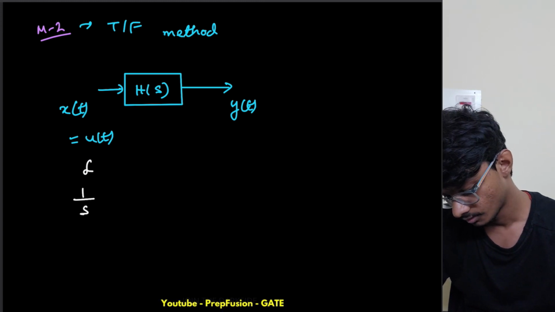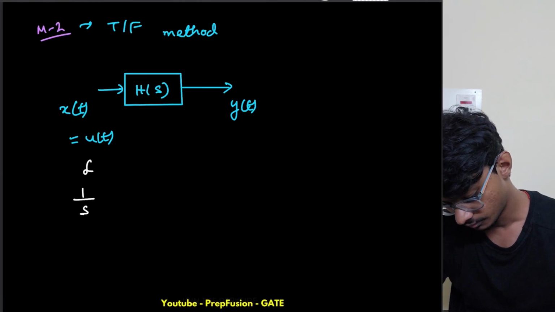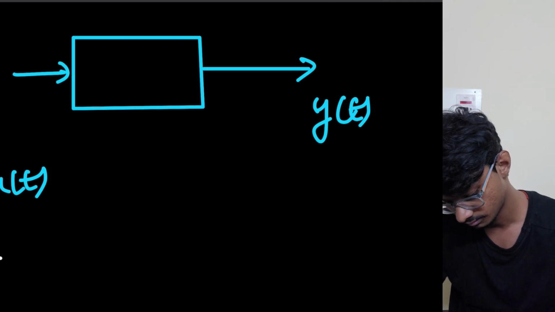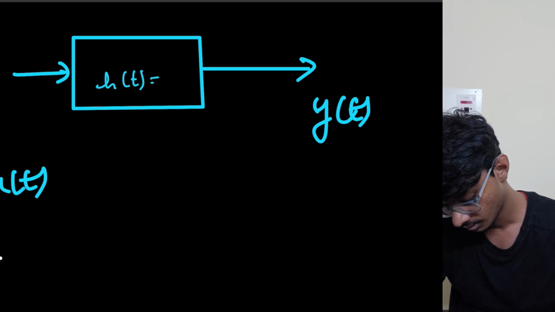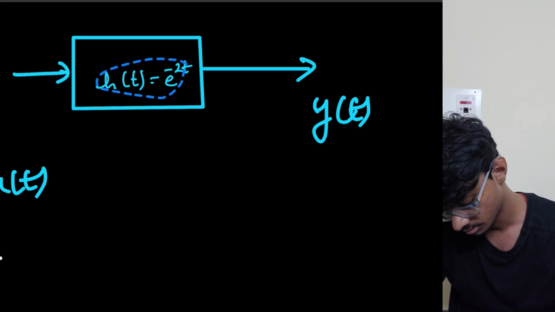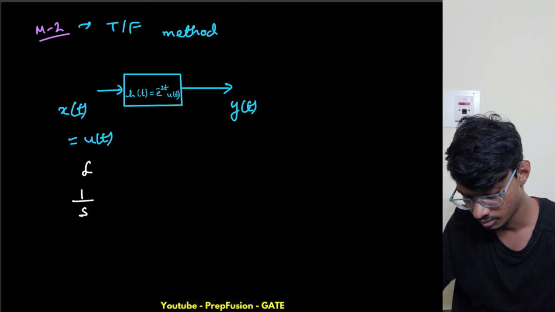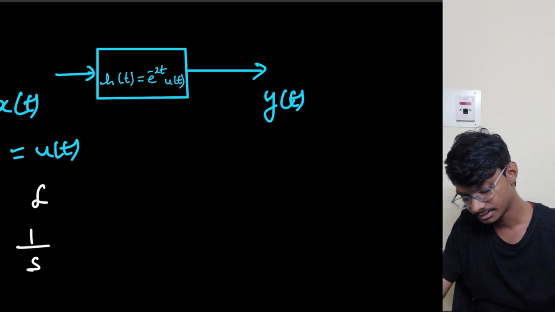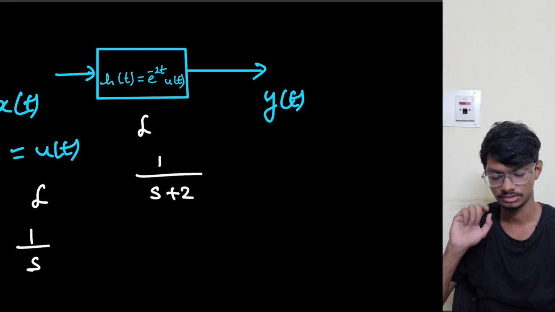And like we are given here, h of t equals e raised to power minus 2t into u of t. If I do the Laplace transform of this, I get 1 by s plus 2.